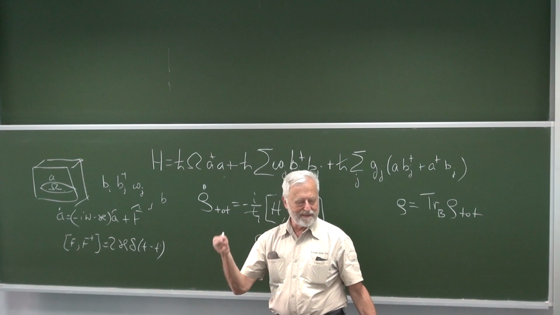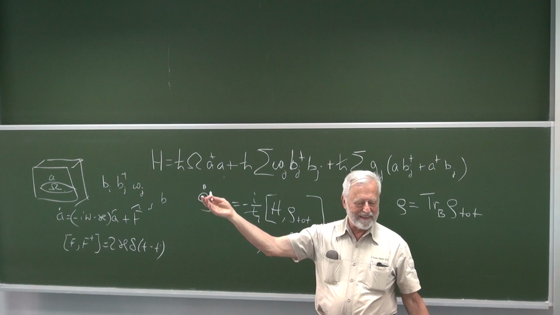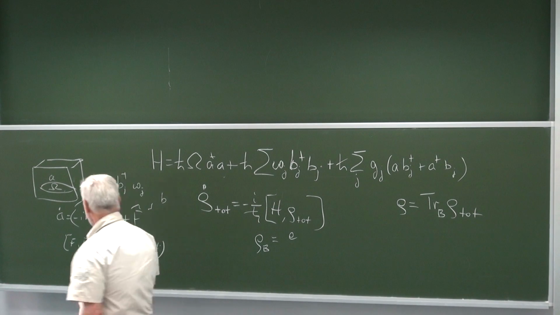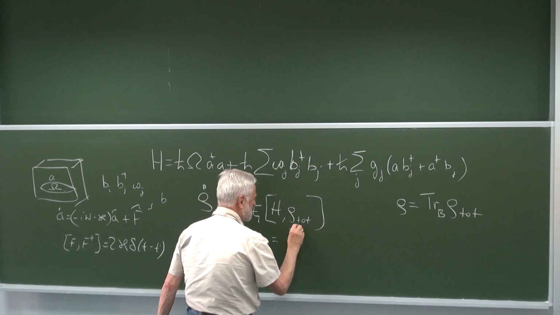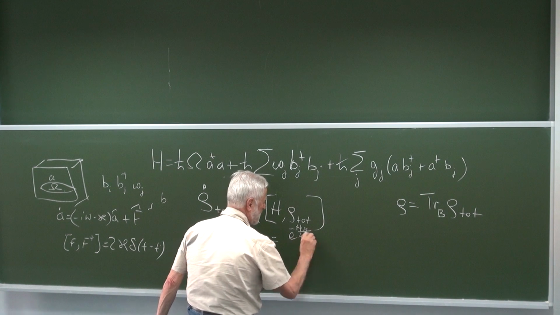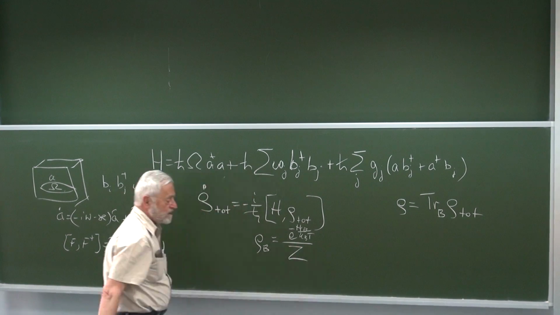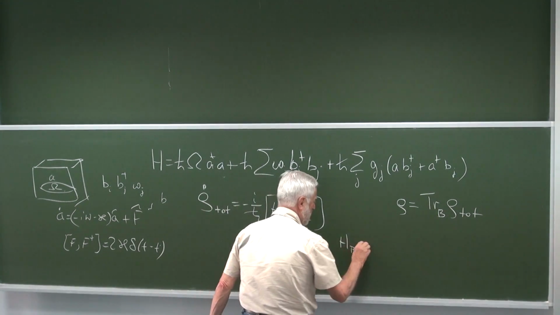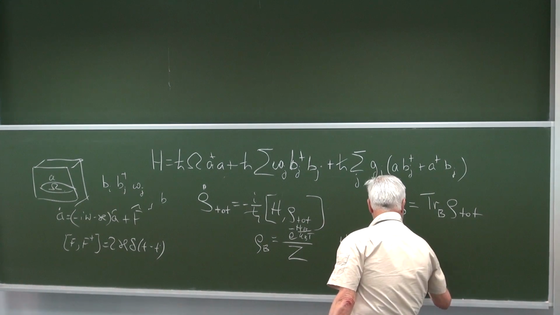It could be the residual light field from the Big Bang or whatever, but really something of a well-defined temperature. So it would be e to minus the Hamiltonian of this bath divided by Boltzmann constant times temperature, divided by Z. And of course, this H_B is h bar sum over j of omega_j b_j dagger b_j.